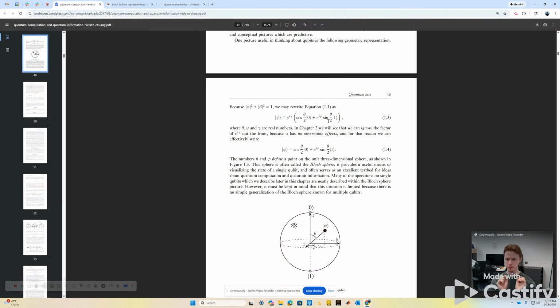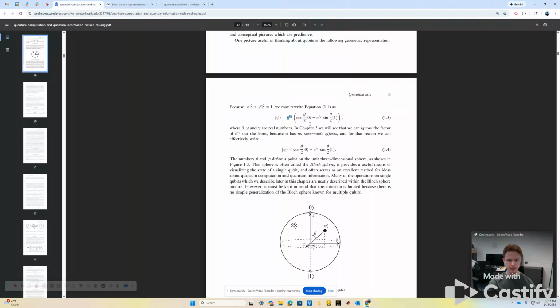Now, here's where the relative positions of ket 0 and ket 1 come into play. So you know how I said before how alpha can be represented as r0 e^(i gamma), and the beta can be represented by r1 e^(i psi), for example, which is how it's represented here. But what you can do is factor out this e^(i psi) in your alpha term.